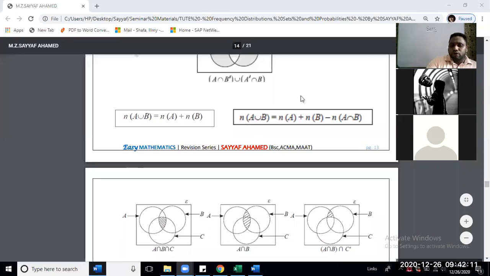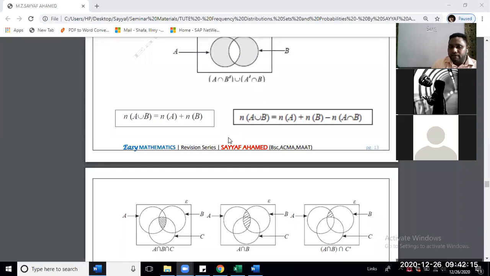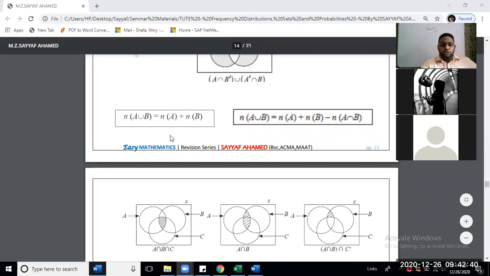And what are these two notations? Now, when it comes to events, I hope you guys have studied that there are two types of event, right? Mutually exclusive event and independent event that we will discuss when it comes to the probabilities in detail, right? So the mutually exclusive event will not let the other event occur. So there will be no overlap between. So the first case you can see is the mutually exclusive.